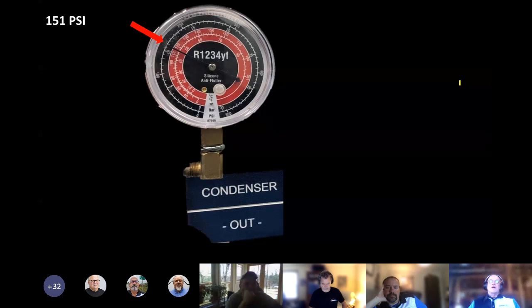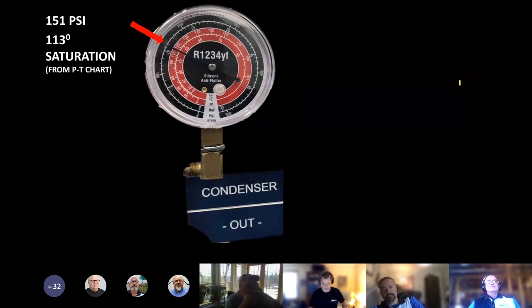The chart is much more accurate because you have increments of pressure and temperature. Here you'd have to guess at the temperature chart for 1234YF. So using the chart, you see that from the pressure temperature chart, 151 psi of 1234YF is 113 degrees saturation temperature.